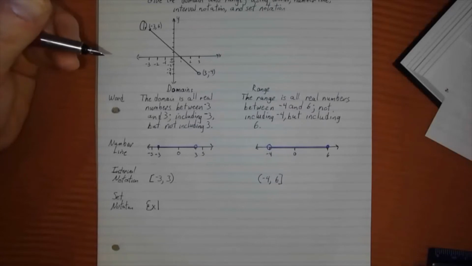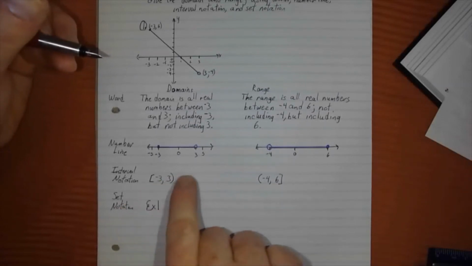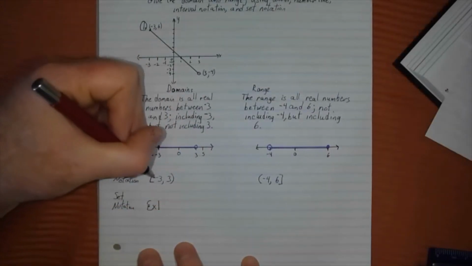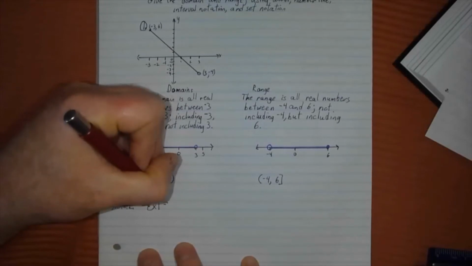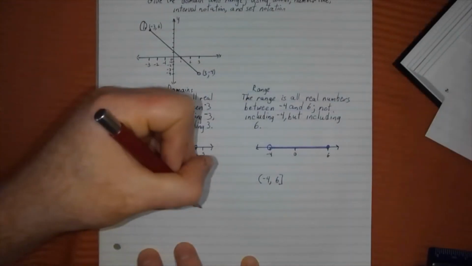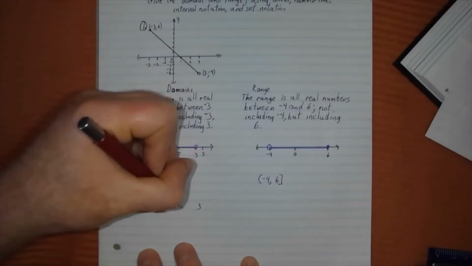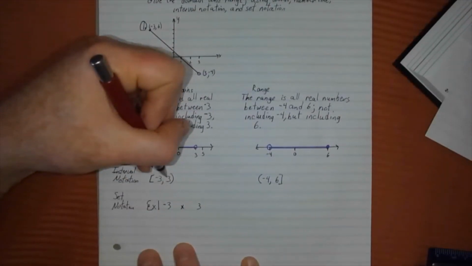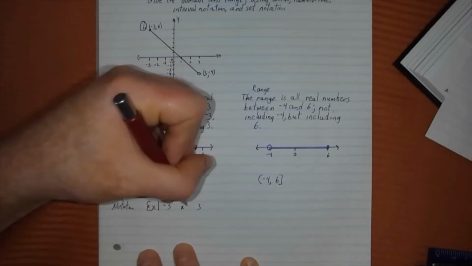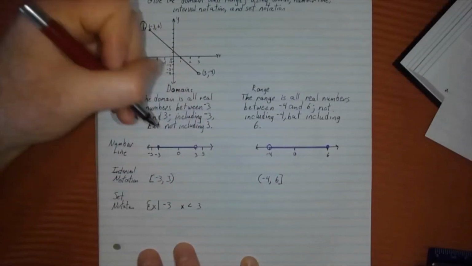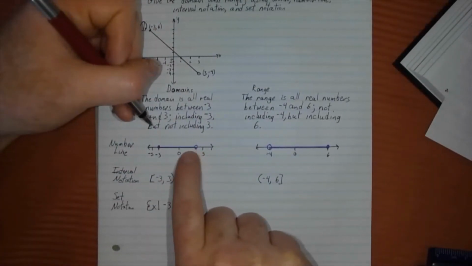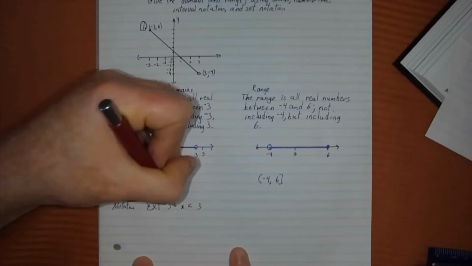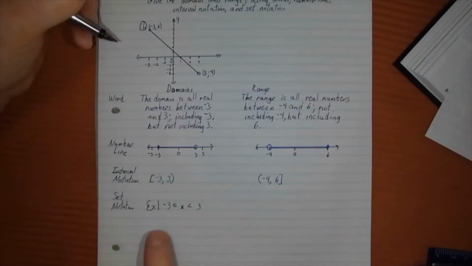We want to show that the x is between -3 and +3. So I'm just going to say, hey, -3, and I'm going to put a +3 there. And x is somewhere in the middle. We know that x is less than +3, but it's greater than or equal to -3.